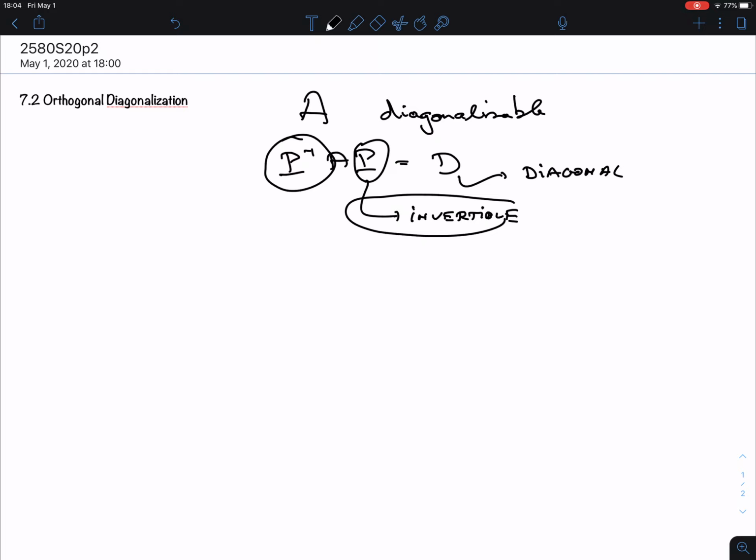Now, we're not going to do the general case, and I'm going to stick to 2 by 2 matrices. I'm going to start working on an example, and then we can reflect a little more on the general theory. So here's an example, a 2 by 2 matrix: 1, 2, 2, negative 2. Notice something about this matrix. It's a symmetric matrix. That's the trick here.